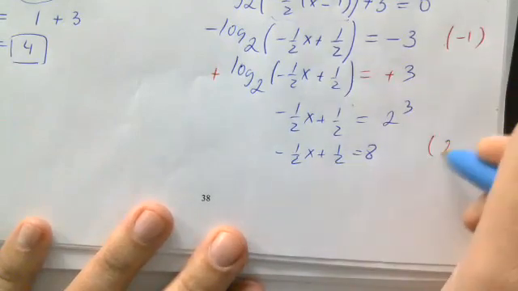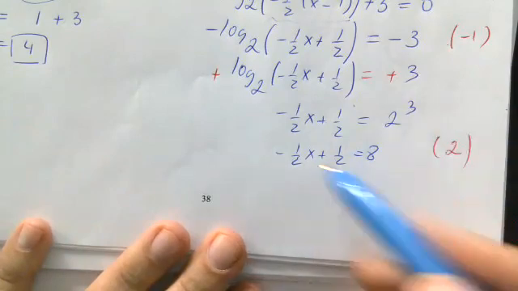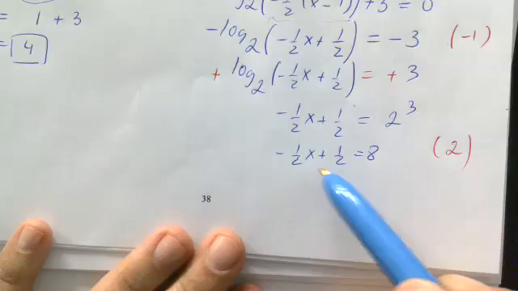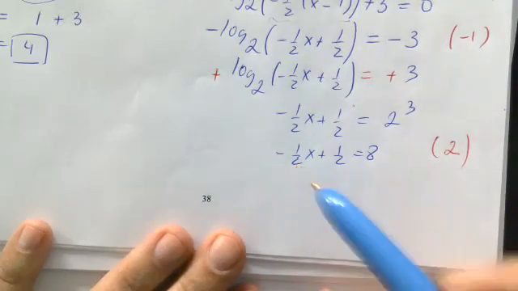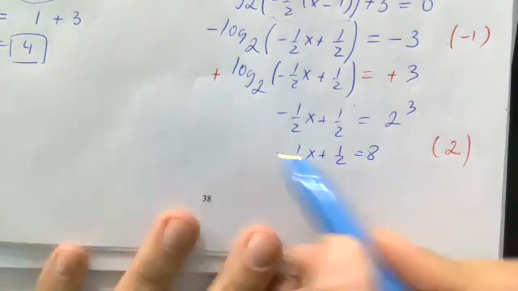Here's a neat thing that I like to do sometimes when I work with fractions. I multiply by the lowest common multiple, and that's going to get rid of every single one of the fractions, right? 2 times negative 1/2 makes it negative x, the 2 cancels out.